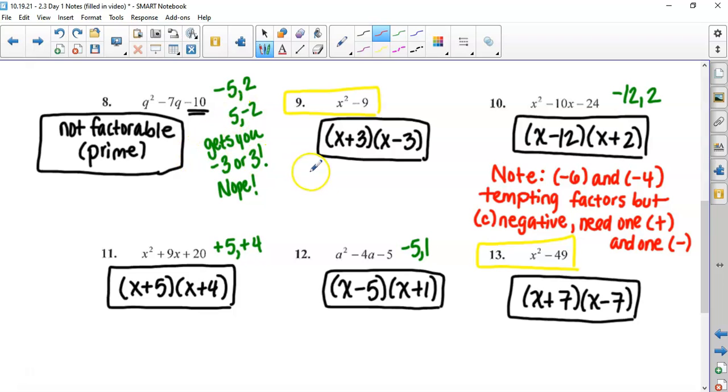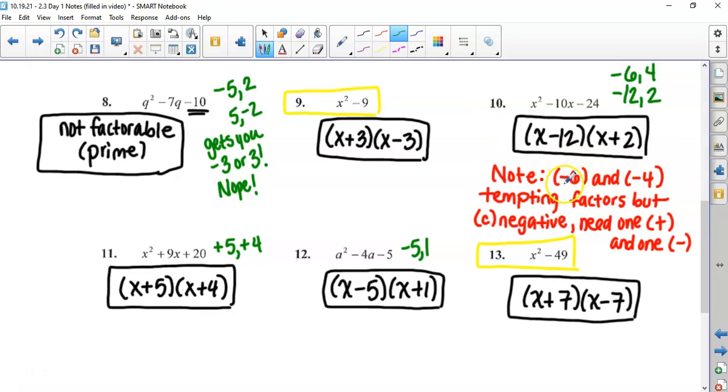Not going to help. Number 9, difference of squares. And number 10 is x minus 12 times x plus 2. Maybe you thought about 6 and 4 first, where you would want both of these to be negative, but that can't be, right? It's tempting because -6 plus -4 gets you the -10 you're looking for.